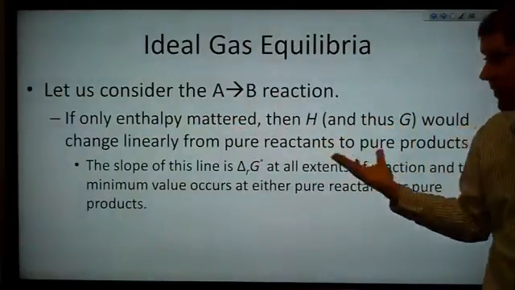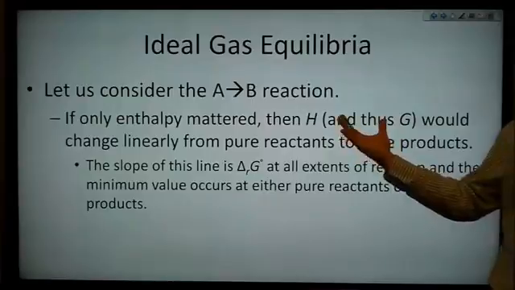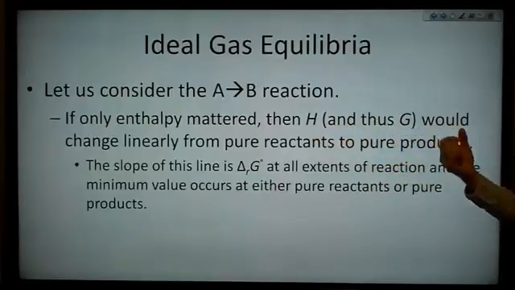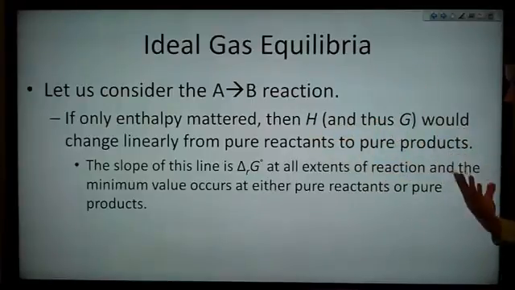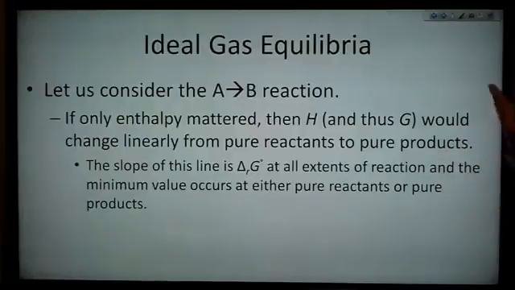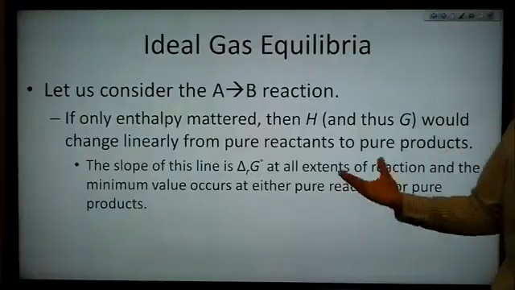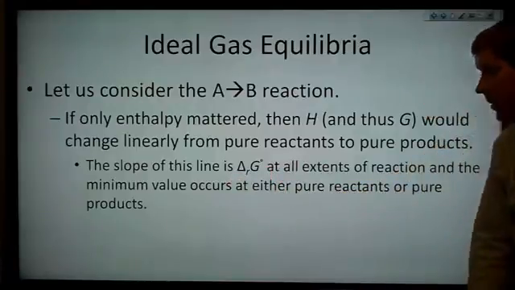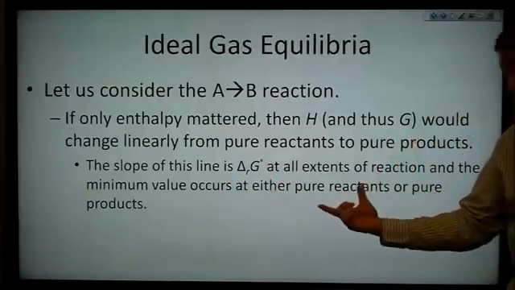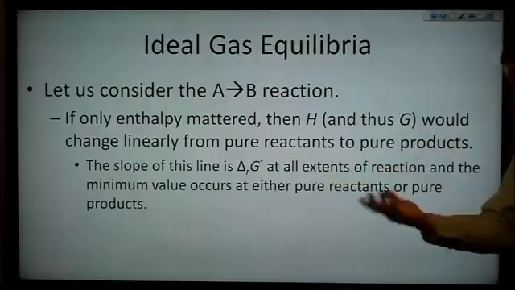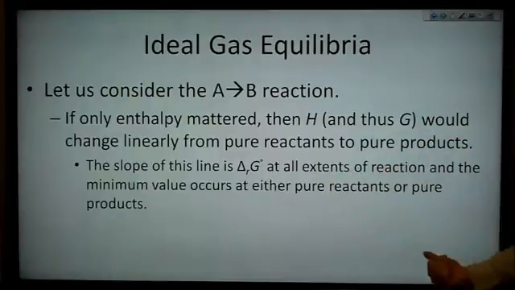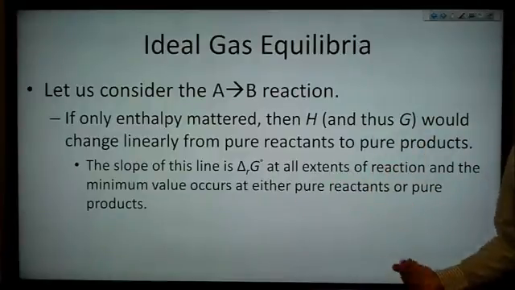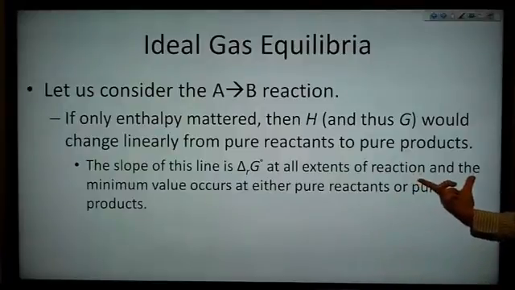If only the enthalpy is mattering here, then the enthalpy and thus the Gibbs energy would change linearly from pure reactants to pure products, as we saw on the last slide. The slope of this line is delta_r G naught, the standard Gibbs energy of reaction, at all extents of reaction, so it doesn't matter where along the xi axis we are.